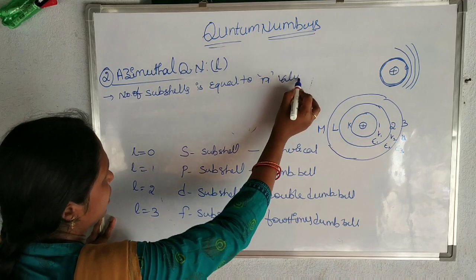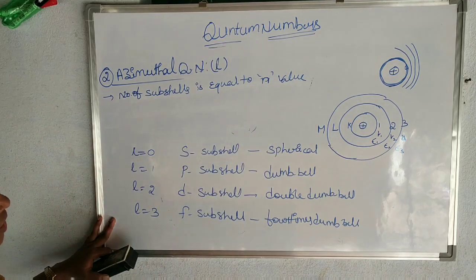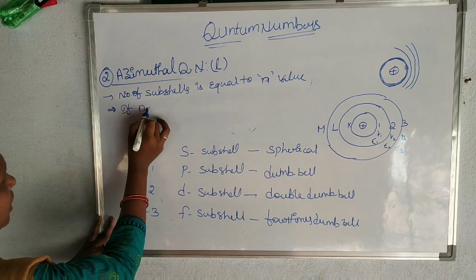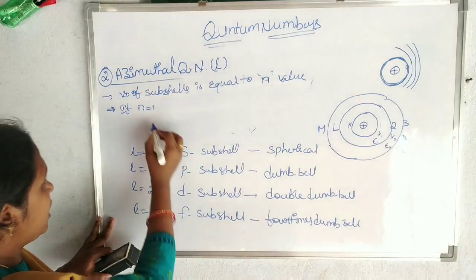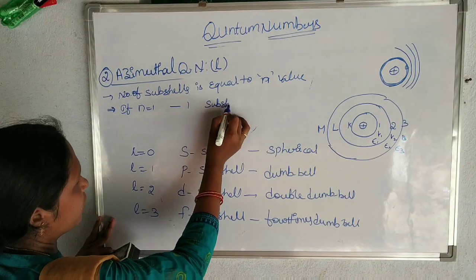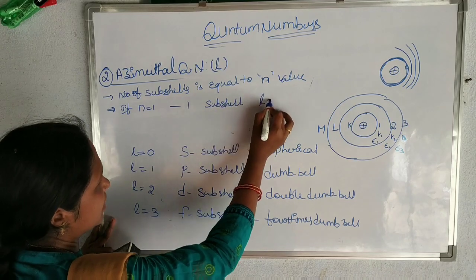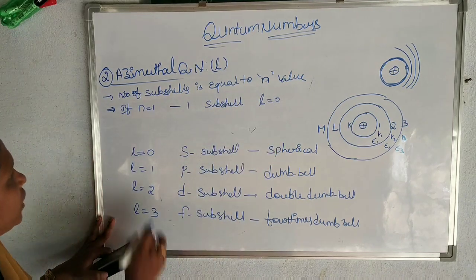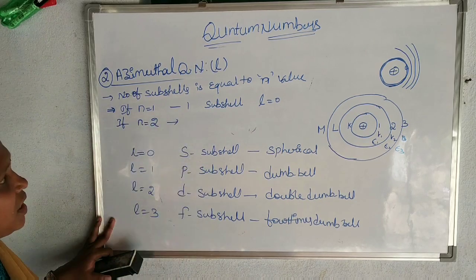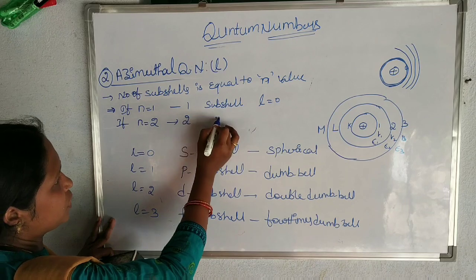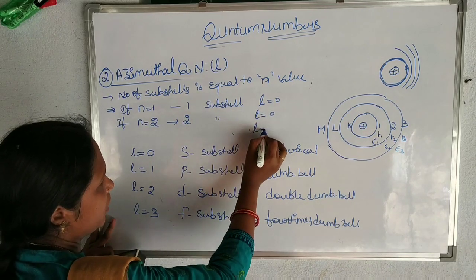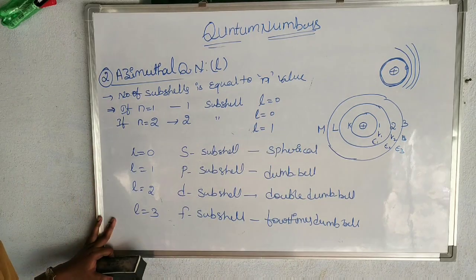That means if n is 1, the first shell has only one subshell, which has L value 0. If n equal to 2, it has 2 subshells: one has L value 0, another has L value 1.